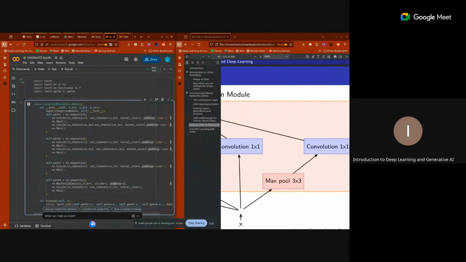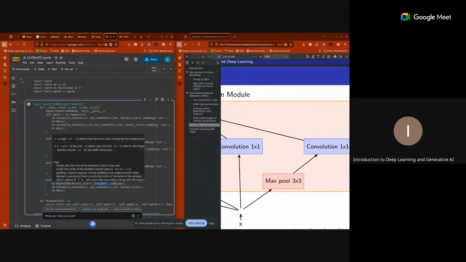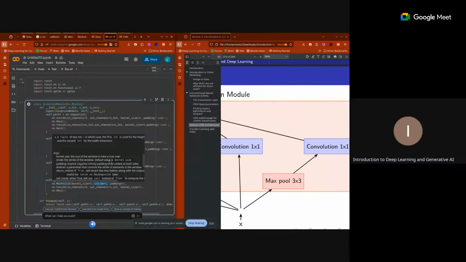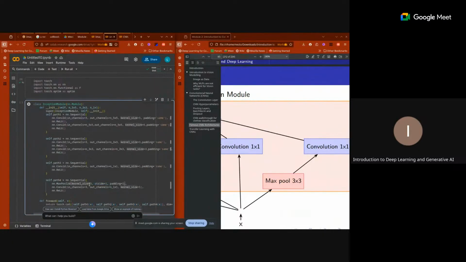Actually, this max pooling 2D need not reduce the size. Why is that? Usually the max pooling layer also goes in strides, right? Here the stride is set to be 1. This is how it ensures that the size is actually not reduced. So by default, what will be the stride? The stride will be the kernel size.